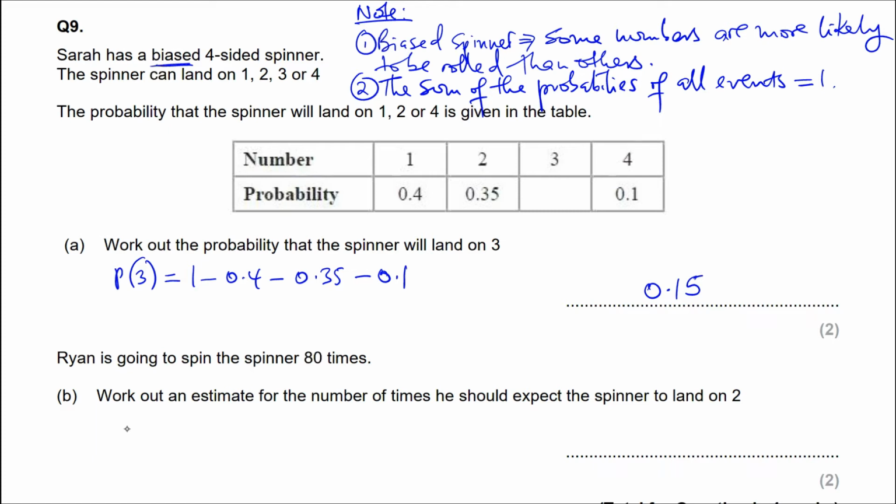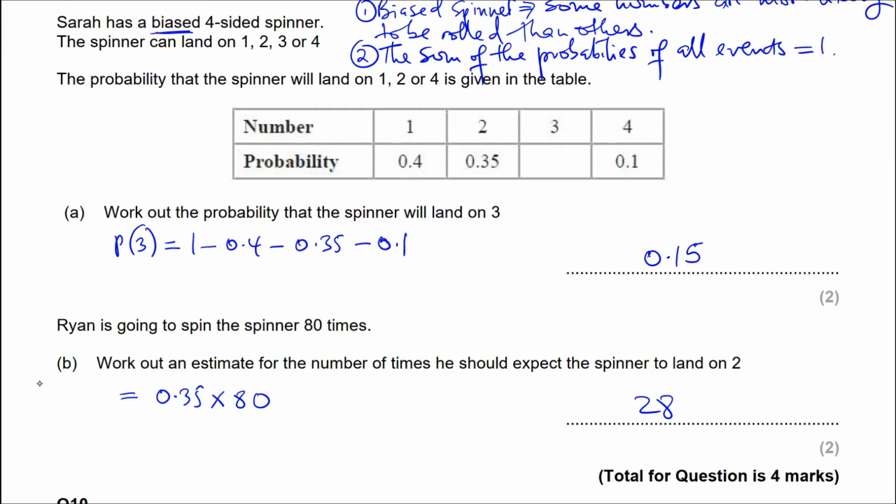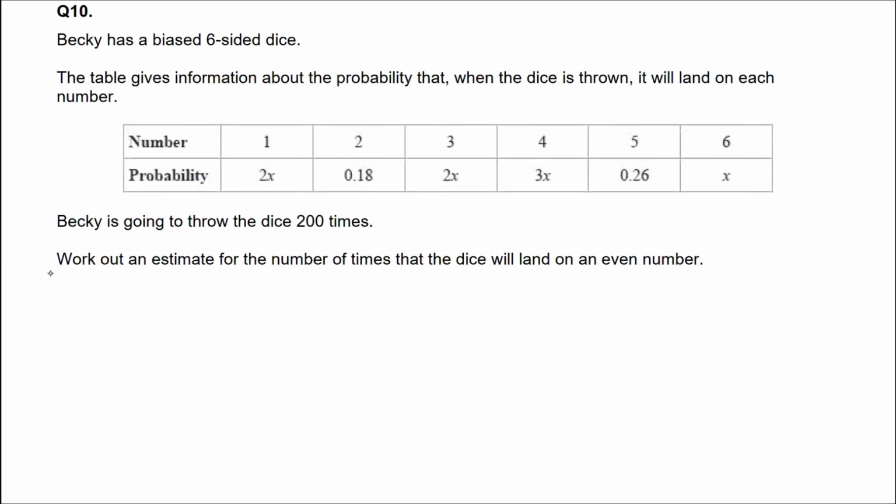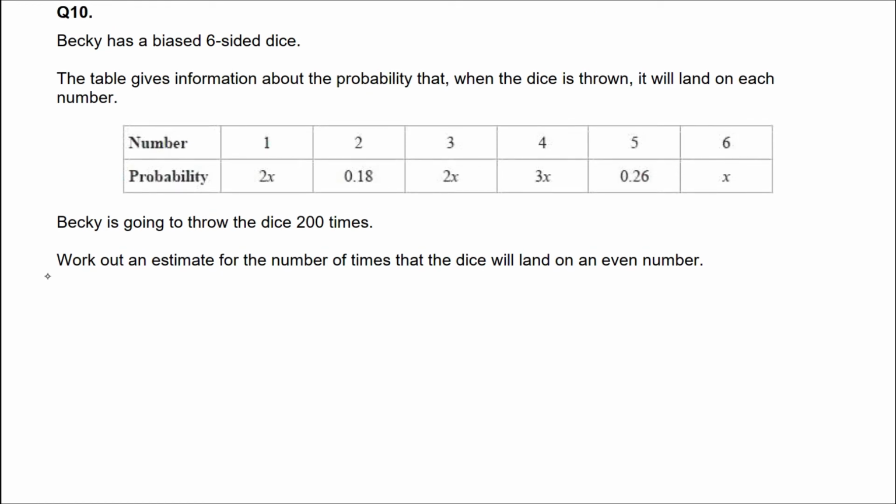So the number of times that we expect will be the probability of the spinner landing on a 2, which is 0.35, multiplied by how many times Ryan spins that spinner, which is 80 times, and that will be equal to 28.